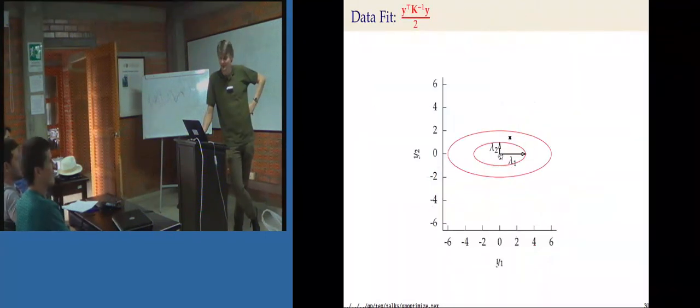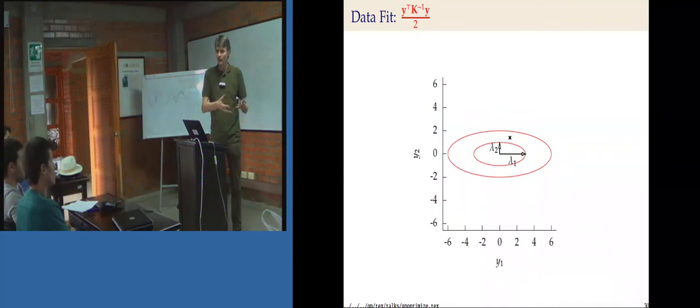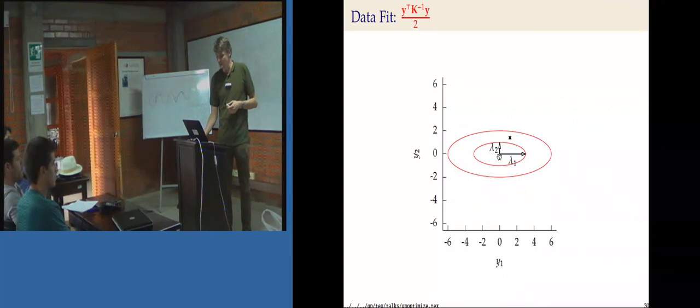We don't get that ability. We can't change the mean of this system anymore. We can only change the covariance. But I'm trying to illustrate here the sort of things you could do when you change the covariance. This is like a well. These are contours, and this is 0 at the bottom. So if you're at this point here, you've minimized the data fit term. It's down to 0.